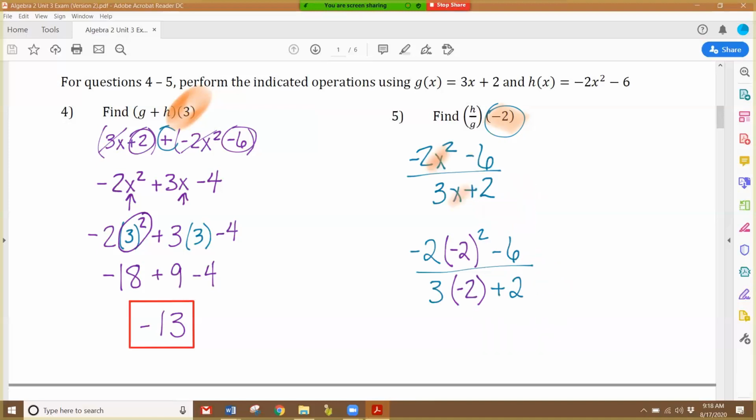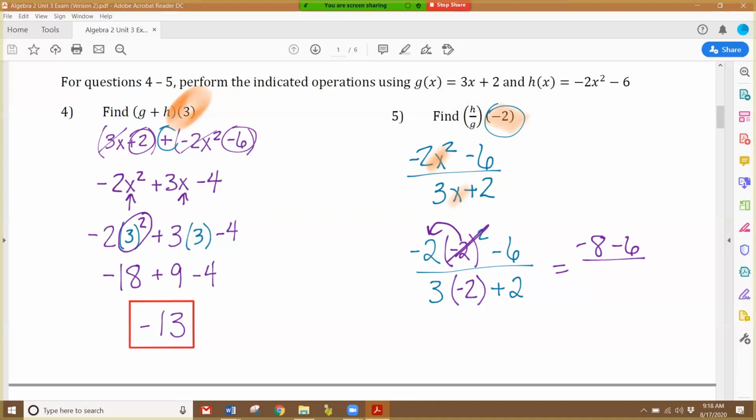Then we're just going to simplify. So when we simplify, remember exponents always come first. So in the numerator, -2 squared means -2 times -2, which is 4. So this becomes a 4. Then I'm going to multiply it by the -2 out front to get -8. Bring down the -6.